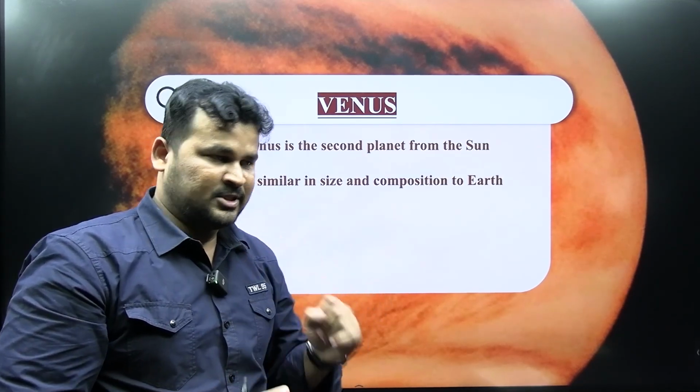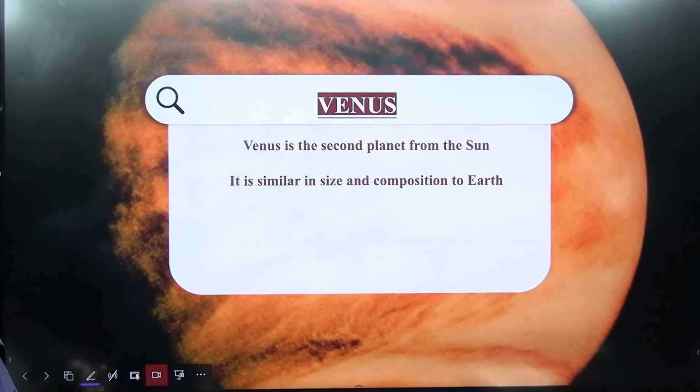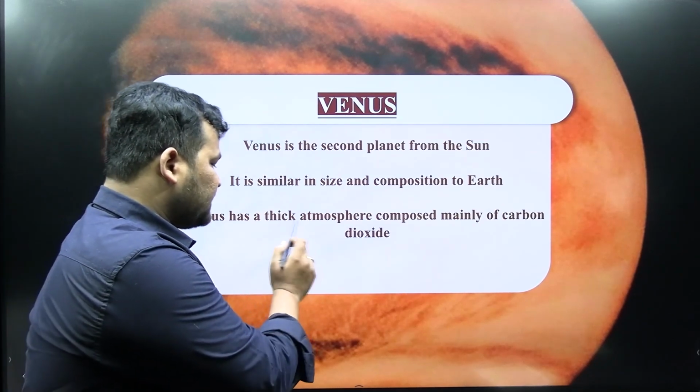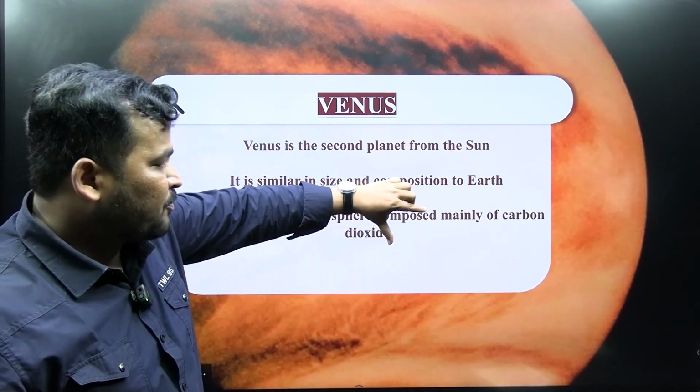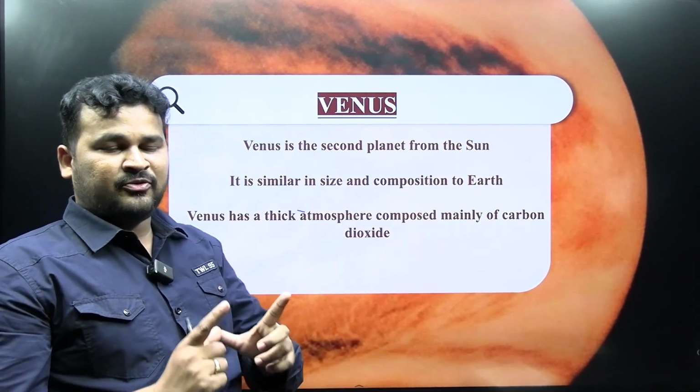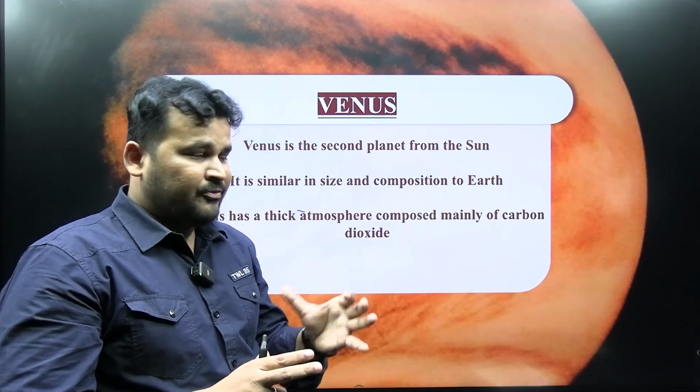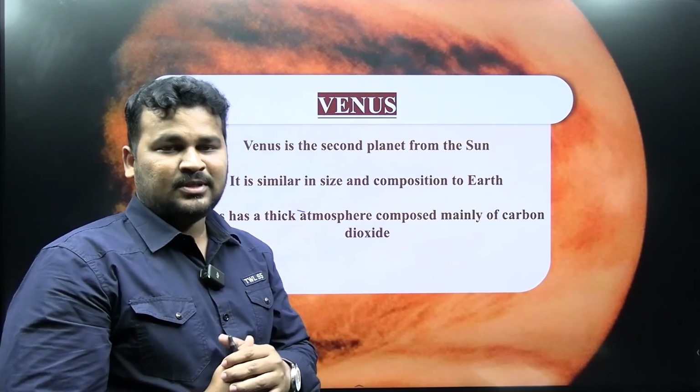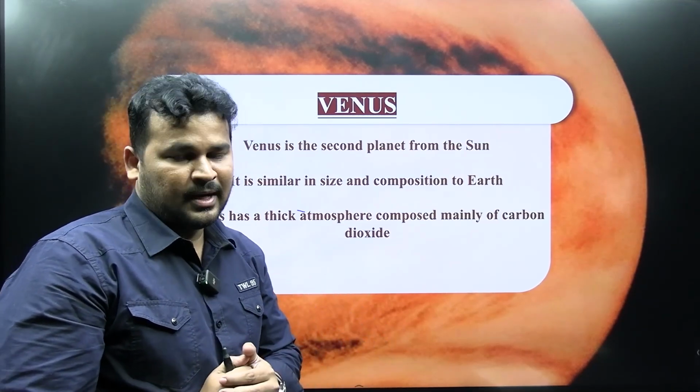It's a very important word, please remember it. Venus has a thick atmosphere composed mainly of carbon dioxide. So Venus doesn't have an atmosphere similar to the Earth.